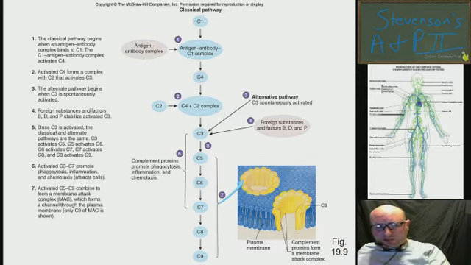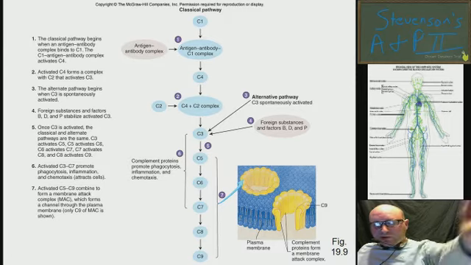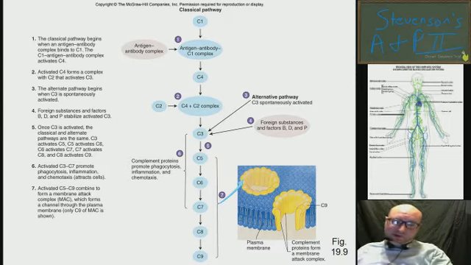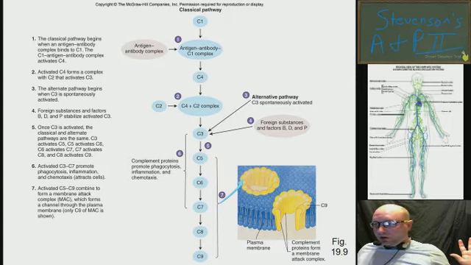Yes, when we're talking about the complement system, 4 comes before 2 and 3. However, 2 and 3 go in order. Go figure, right? Who named them? Who numbered them? I don't remember, or do I even know?